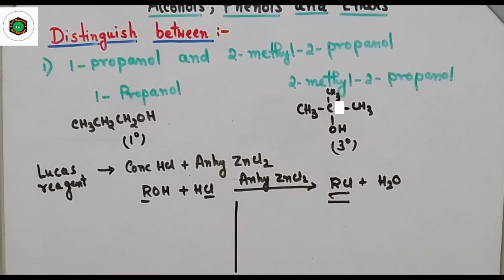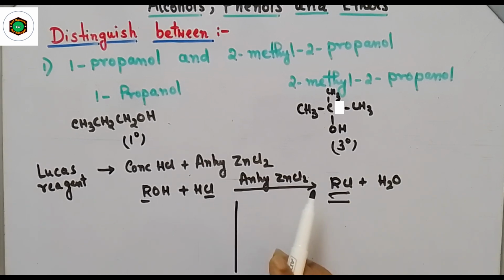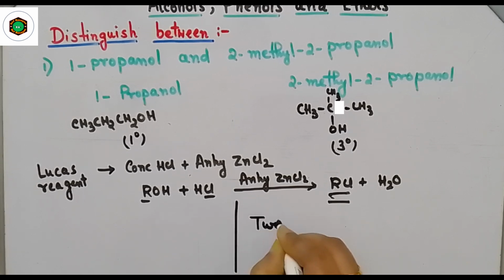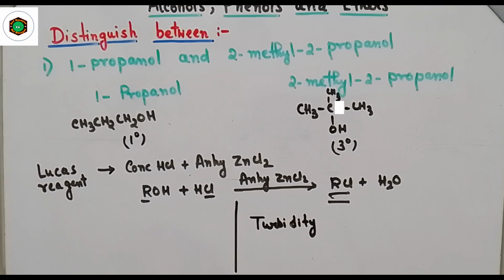So here if you add Lucas reagent, then immediately turbidity appears because this form halide easily. So here you will get turbidity or milkiness by adding Lucas reagent. But here for 1 degree alcohol, it doesn't give any milkiness or turbidity. So you can write no turbidity at room temperature.